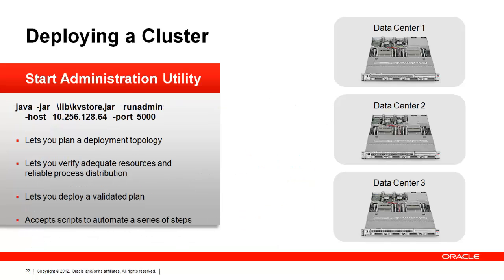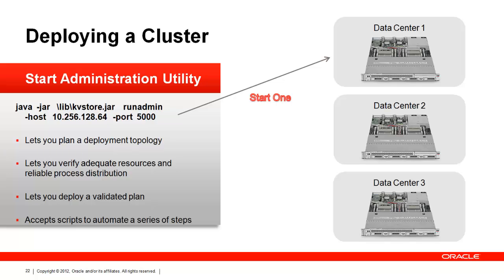Okay, so after you've set up your boot configurations and started the storage nodes, the listeners, the agents, you need to start an administration utility. You can see here it's just a regular Java process: the run admin command to this kvstore.jar. You do this for any one of those servers that you've started the agents on. This admin utility is where you will plan a deployment topology, where you'll specify how many replicas you want and those kinds of things.